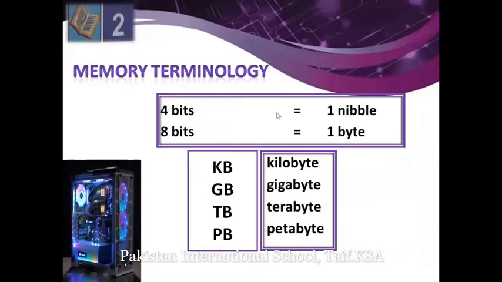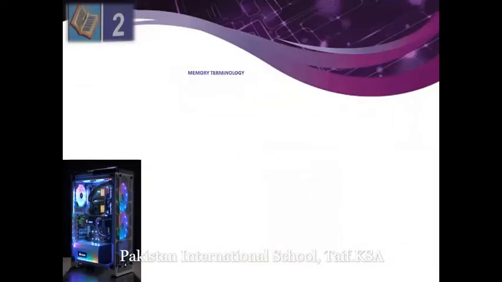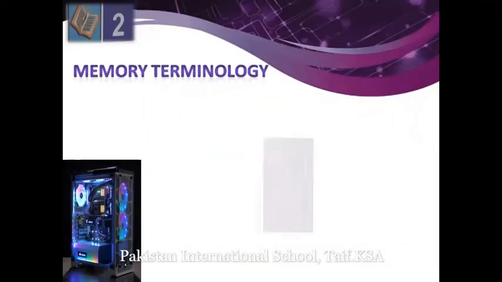The higher units are kilobytes, megabytes, gigabytes, terabytes, and petabytes. So we have memory units, and these can be classified as KB, MB, GB, TB, and PB: kilobytes, megabytes, gigabytes, and terabytes.